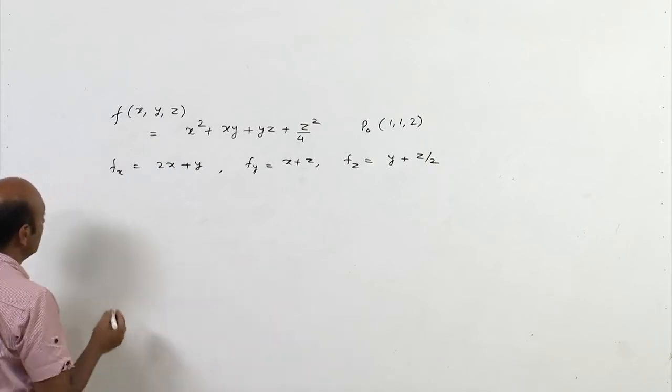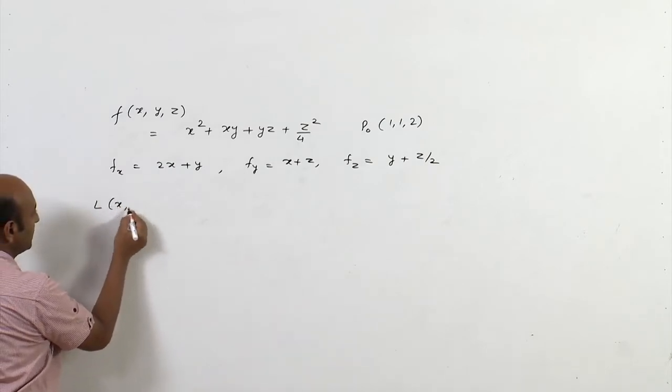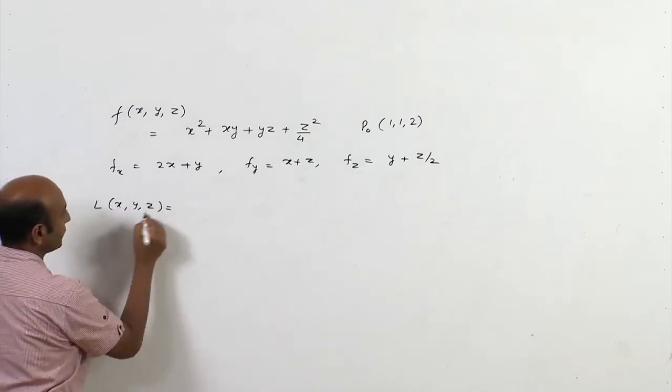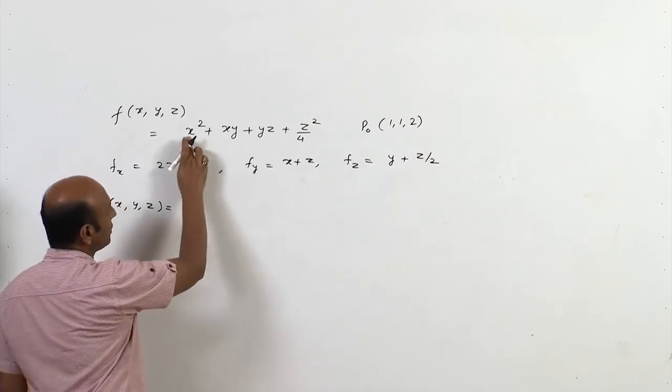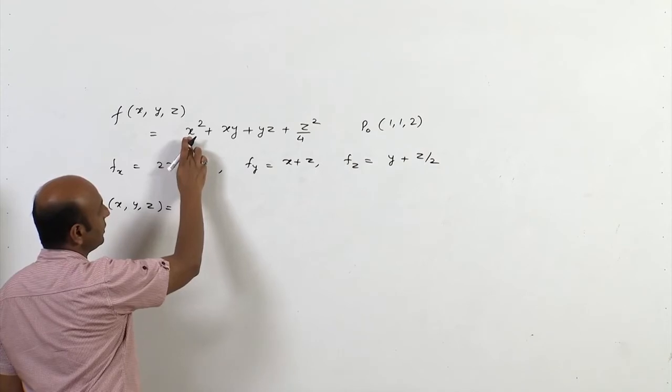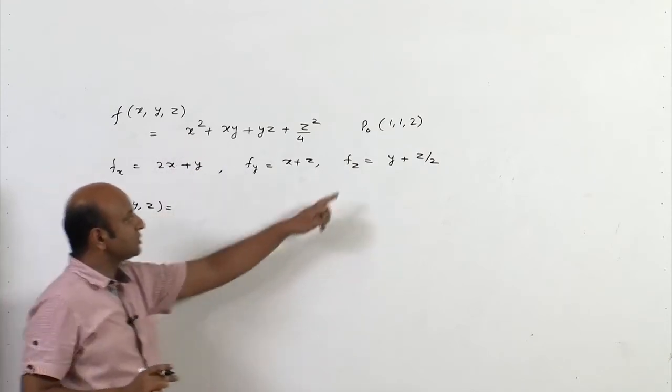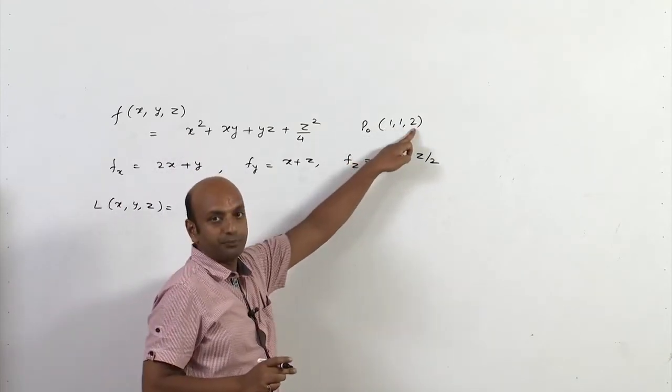Now, linear approximation of this f will be f at P₀, this is x₀, y₀, z₀.